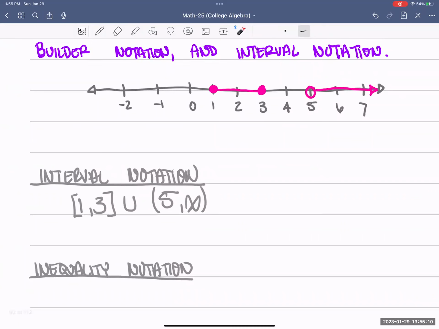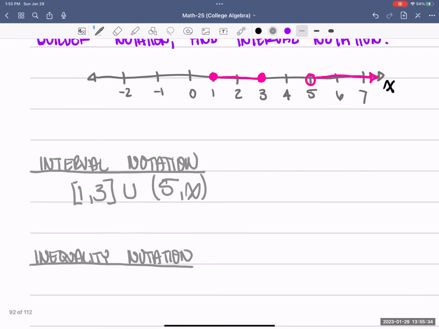And this is a bit of a stretch because we don't have anything to compare this to. We're just going to call these values of x. So this line here is going to be our x-axis, just because we don't have any other variable.